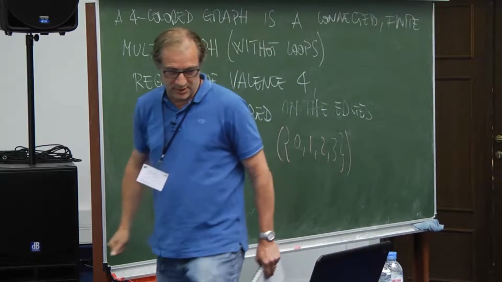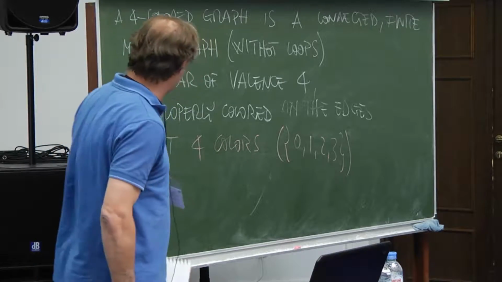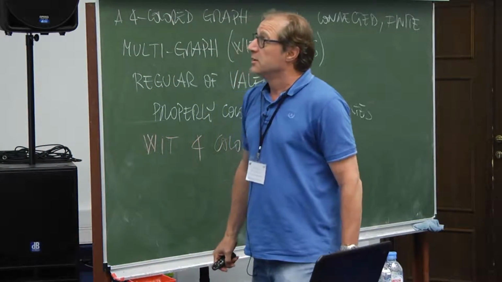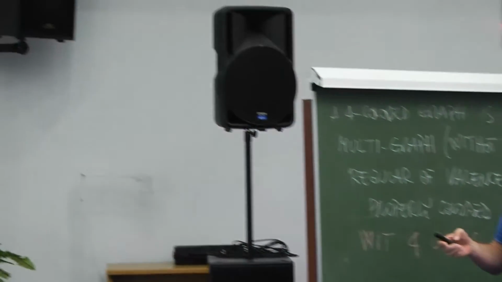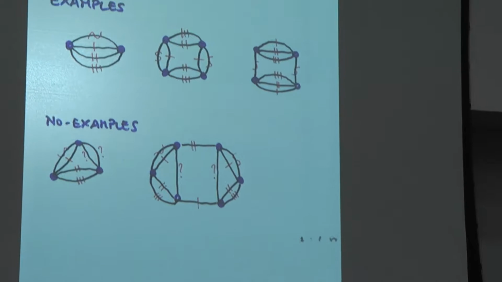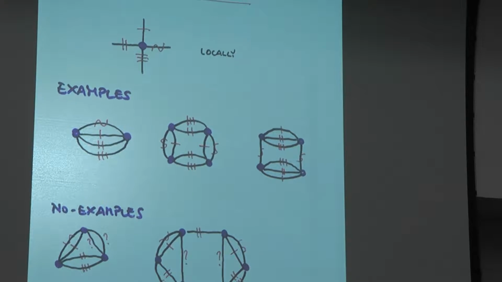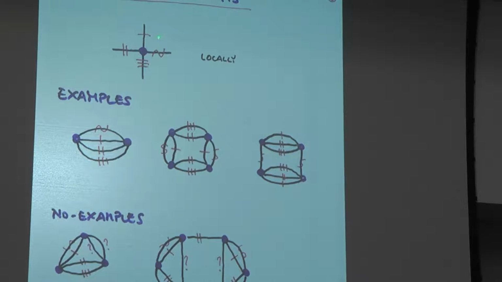Okay, so this is the combinatorial object. From this object it's possible to obtain 3-manifolds. Locally the object looks like that. Any vertex has valence 4, and any edges have different colors, 0, 1, 2, 3.